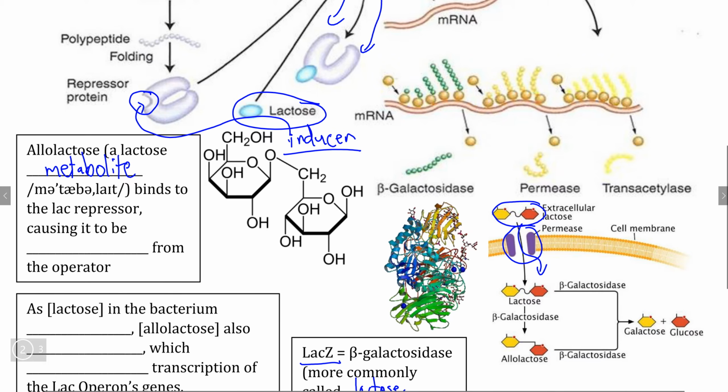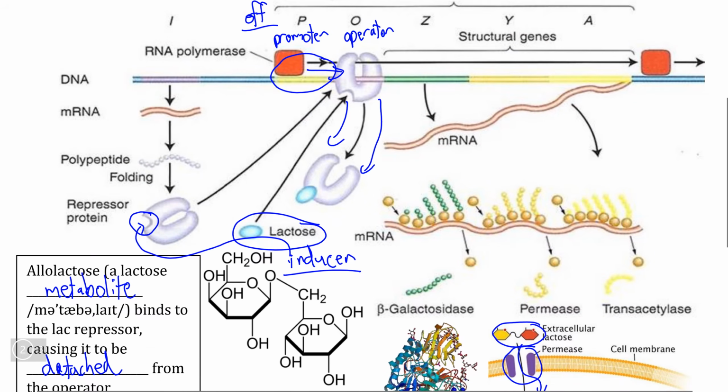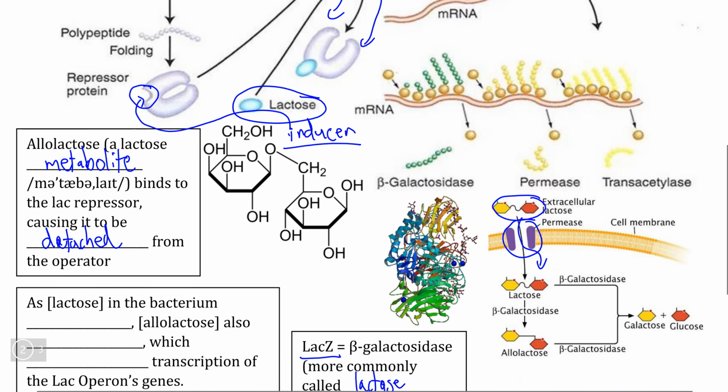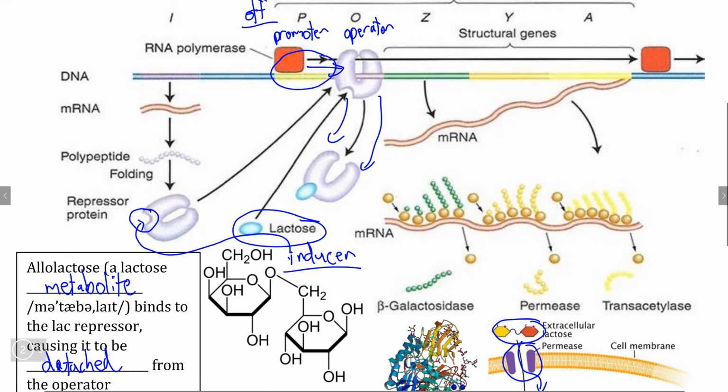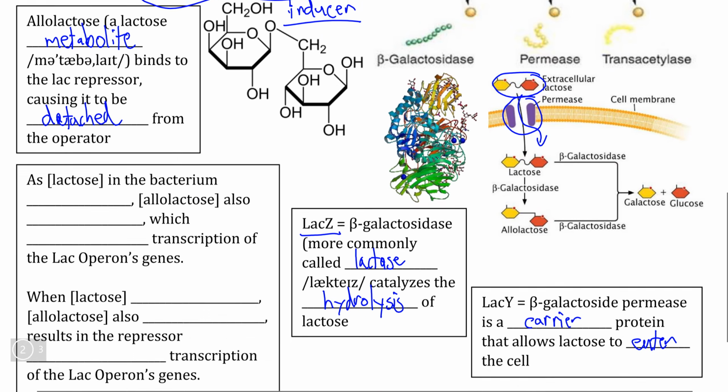And it also happens that allolactose, rather than lactose, will actually bind to the allosteric site of the Lac repressor, causing the repressor to detach itself from the operator, and therefore allowing RNA polymerase to begin the process of transcription of the Lac Operon genes.